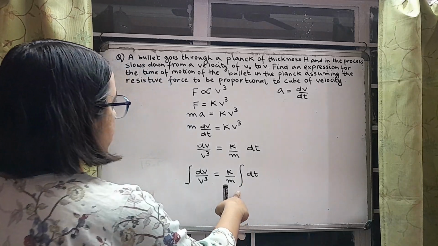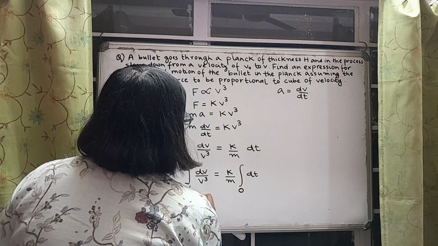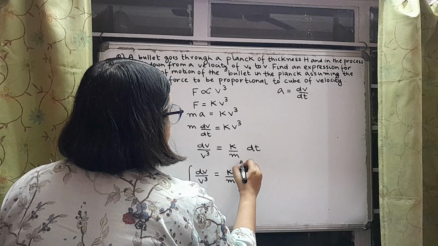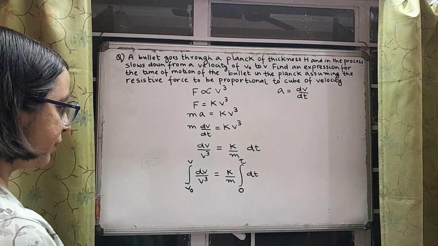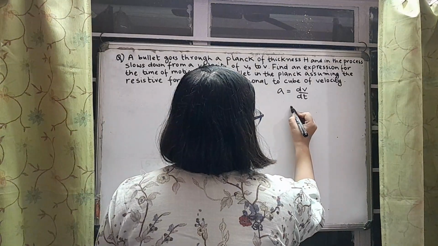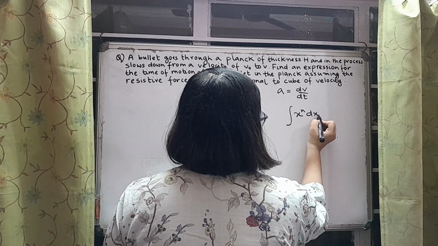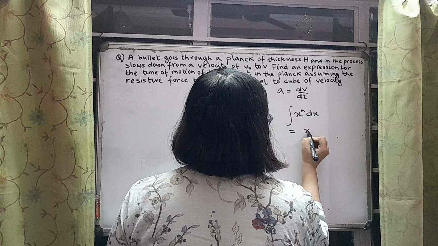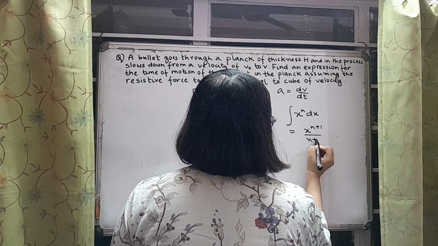At time t equal to 0, the initial velocity of the bullet was v0, and at time t equal to t, let's assume it to be v. So now if I integrate this, I apply the integration rule, integral of x to the power n dx is equal to x to the power n plus 1 by n plus 1.